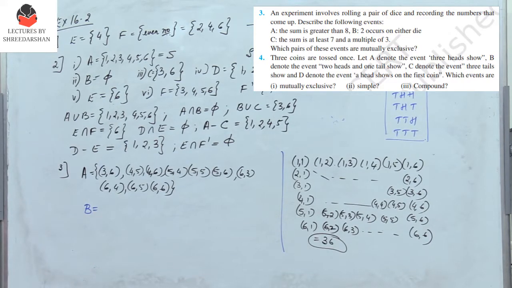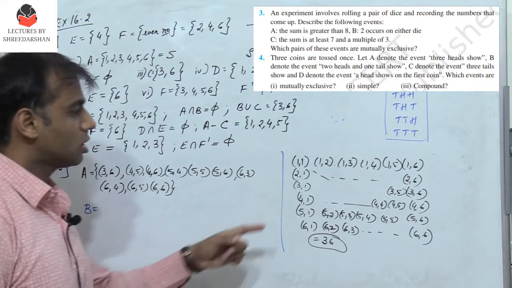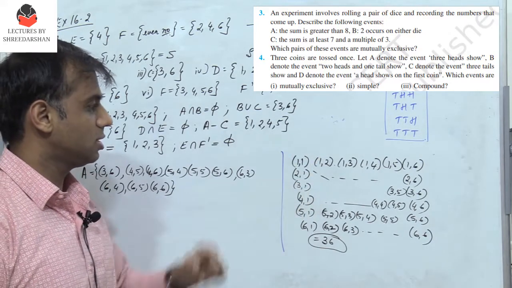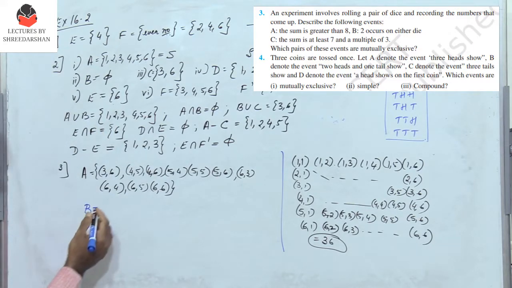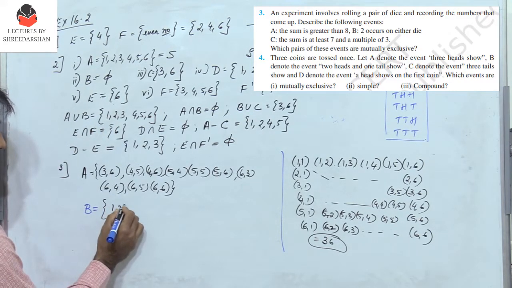Next, event B, where 2 occurs on either side. So here you have to define an event B wherein 2 is occurring on either side. So either 2 occurs on the first die or on the second die. So what is the event? In the first row I have (1,2).